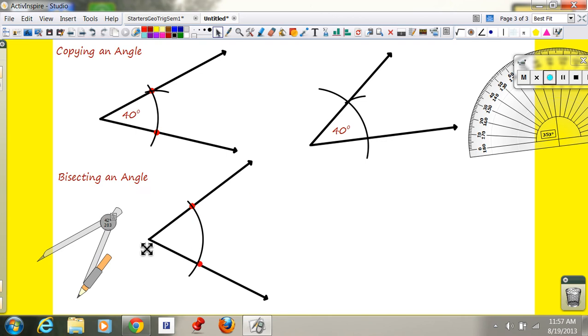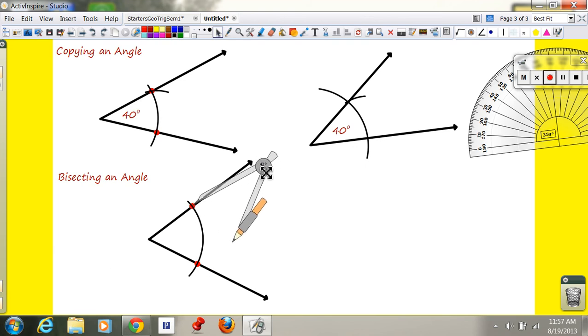I just need to know where there are two points that are the exact same distance away from my vertex. Because those are the two dots you're going to use. So your first step is to draw an arc where you've got two dots that are the same distance away from your vertex.